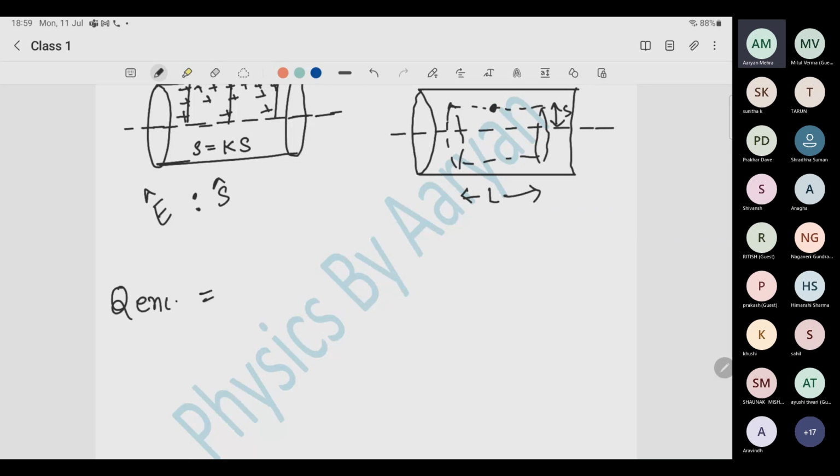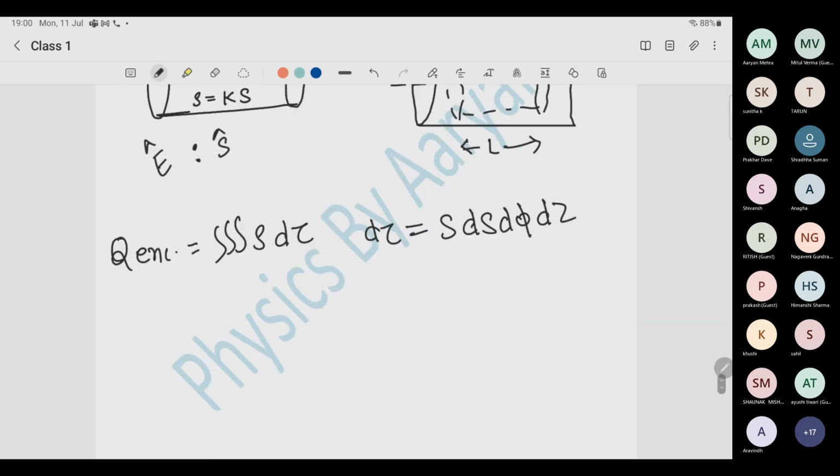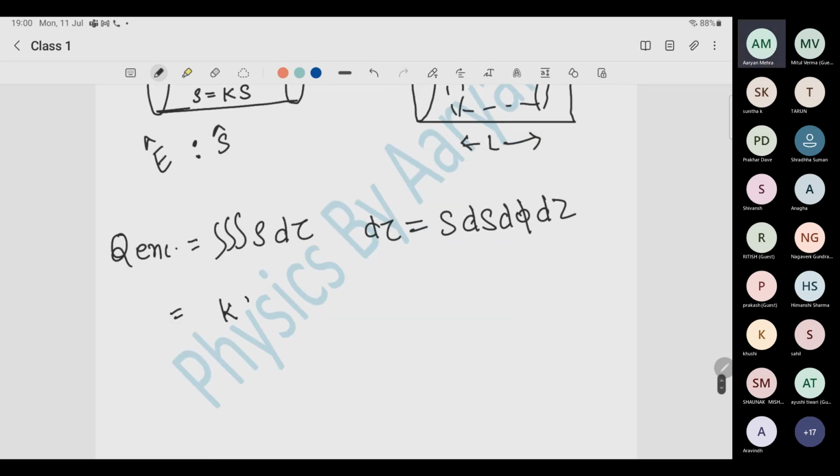Again, the same thing: rho d tau, because rho is not constant. So what is d tau in cylindrical? It is S ds d phi dz. Our rho is kS.